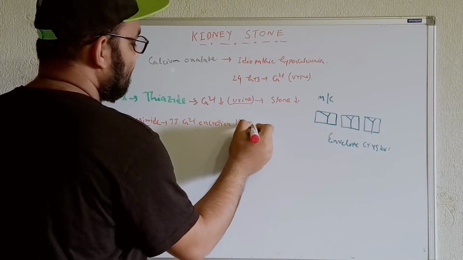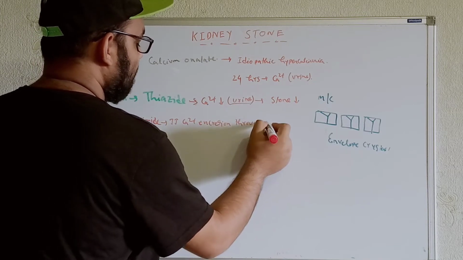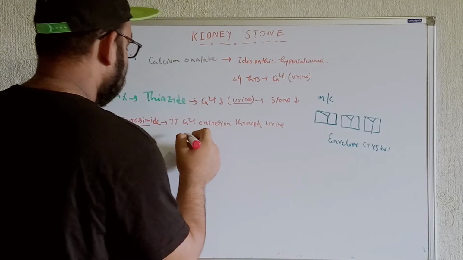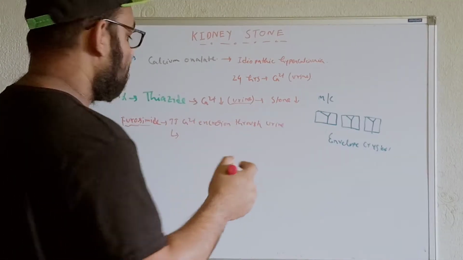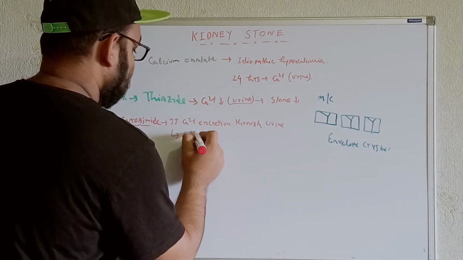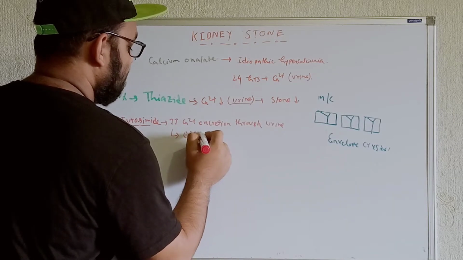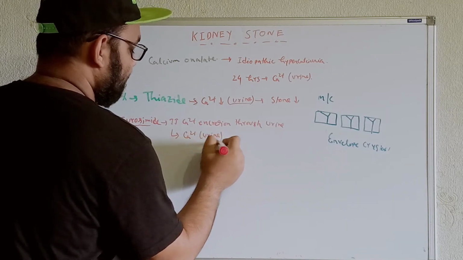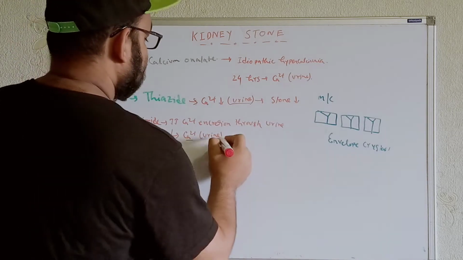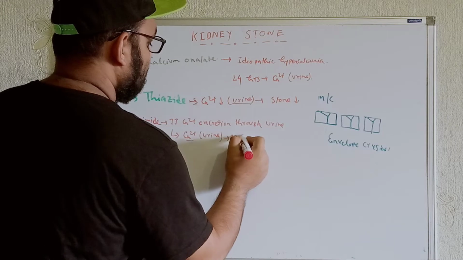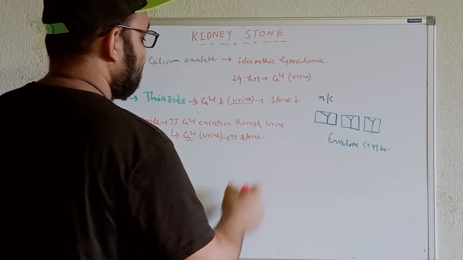Whenever calcium excretion through urine increases, there is a chance for precipitation of the calcium within the urine. So whenever there is a chance for the calcium to get precipitated, the chance for renal stones is more.